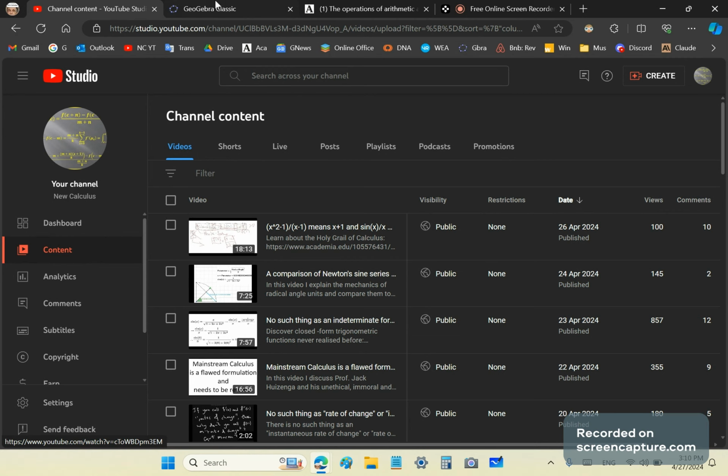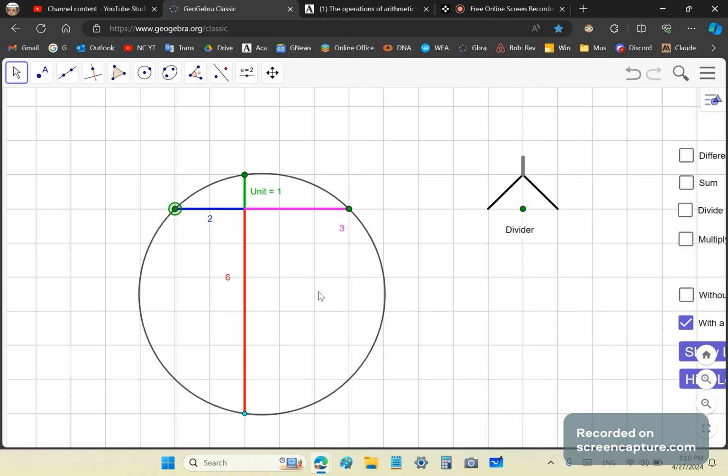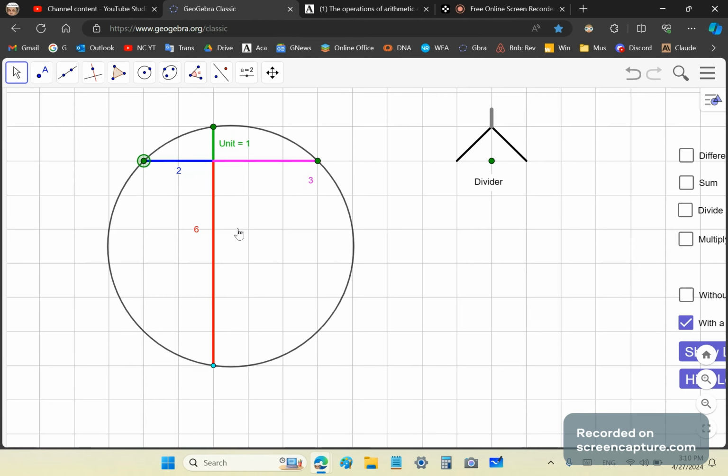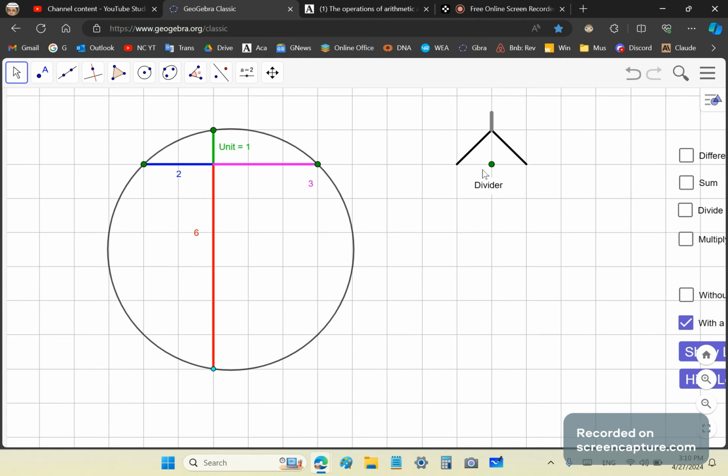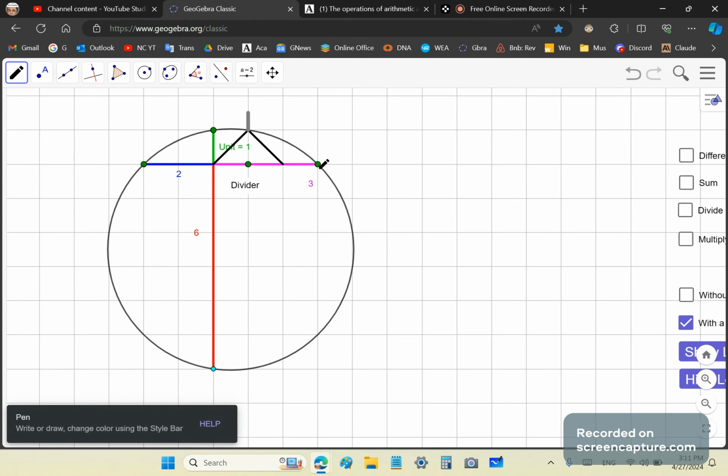Well, we get them from geometry, okay? We get them from the circle. So, for example, if we have a circle like this, we can define all the operations. We can define a difference by taking the smaller length and comparing it with a bigger length, and then this section here is the difference, right?